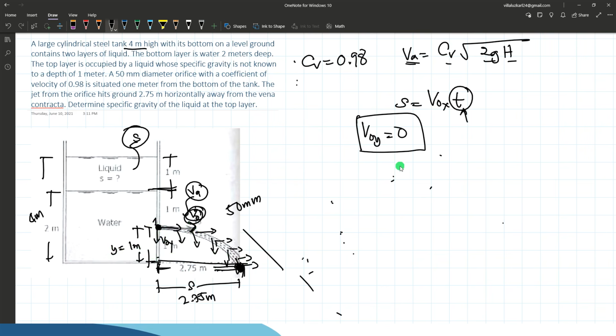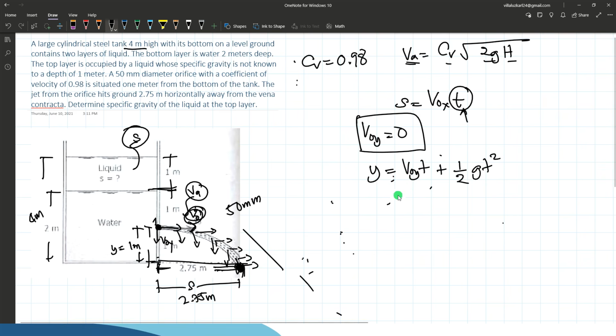So that is y. As we recall, the formula for vertical distance in projectile motion is y equals v_oy t plus 1/2 g t squared.